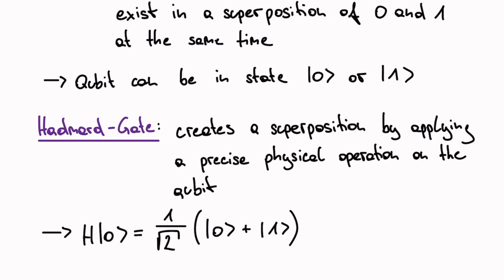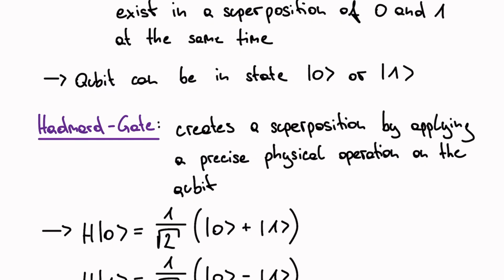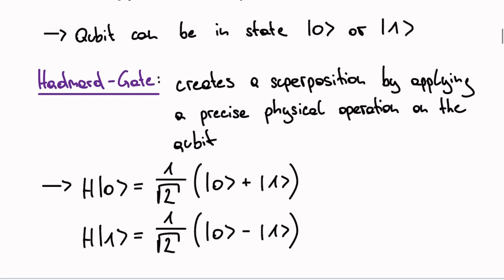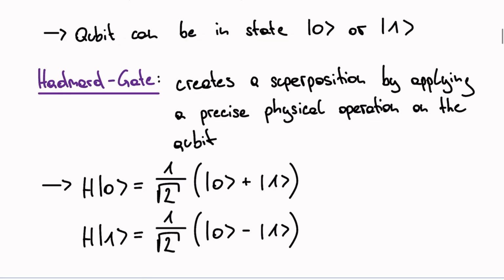So in other words, if we measure the qubit now, there's a 50% chance of finding it in state 0 and a 50% chance of finding it in state 1. If the qubit was in state 1 before we applied the Hadamard gate, the result is very similar. We still get a 50-50 chance of measuring 0 or 1, but this time there is a minus sign in front of the 1. So instead of 0 plus 1, it becomes 0 minus 1.